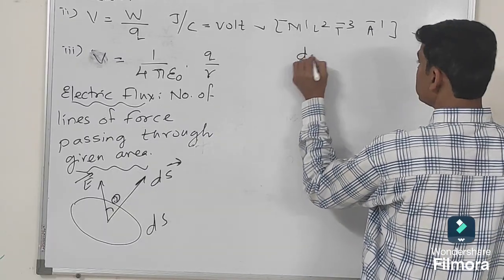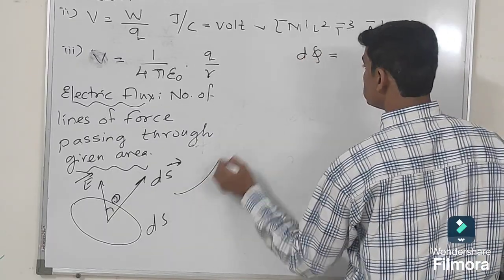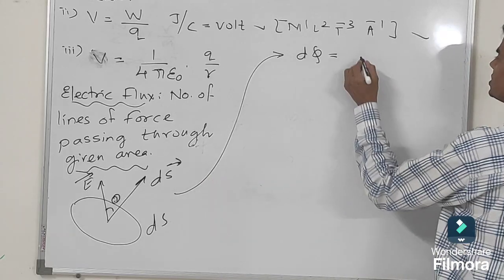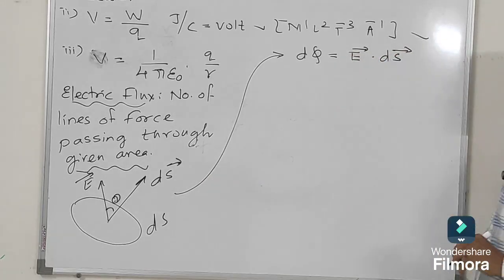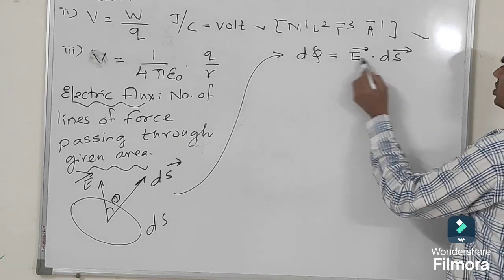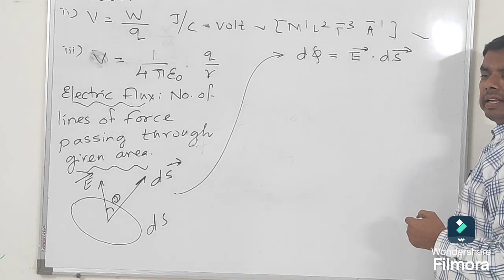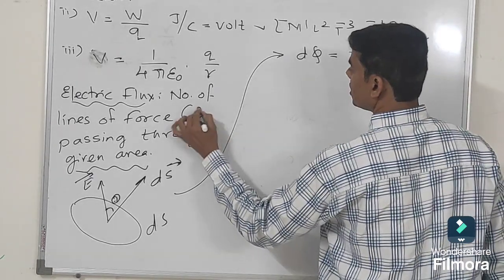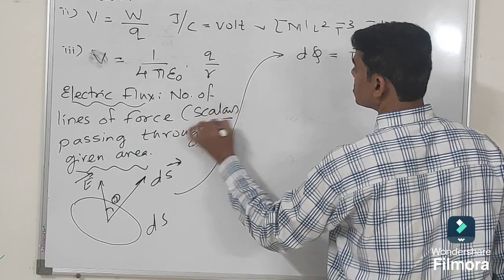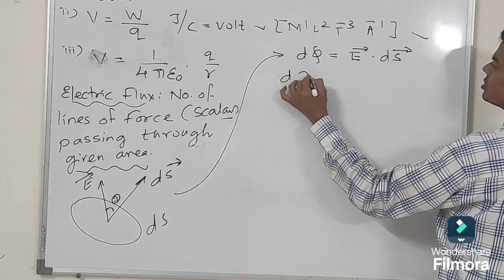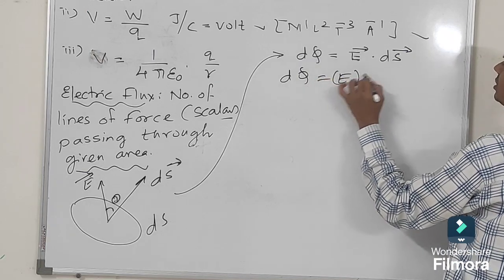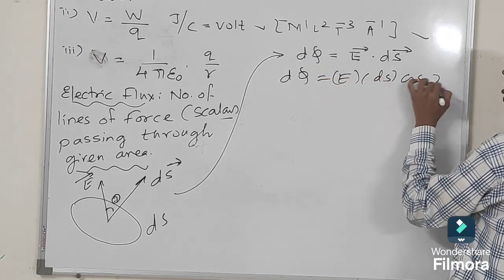Then electric flux d phi coming out through this surface area is the dot product of electric intensity and area vector. As it is a dot product, it is definitely a scalar quantity, so electric flux is also a scalar quantity. So d phi can be written as E ds cos theta.